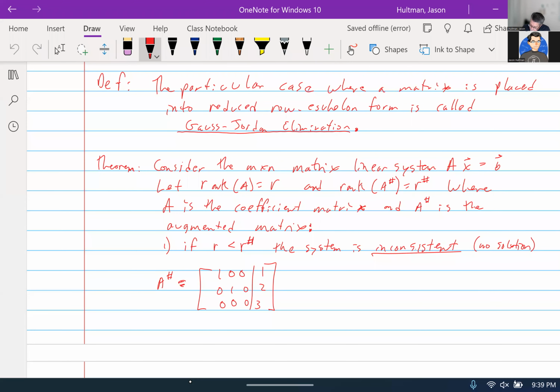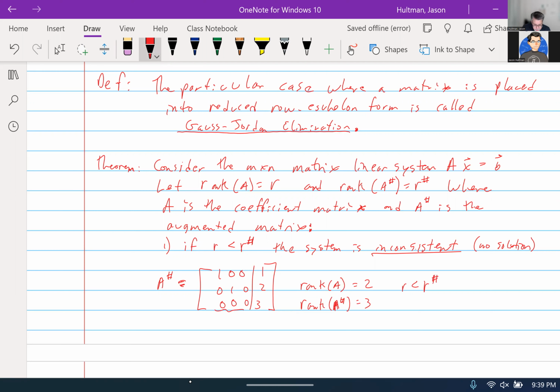What's the rank of A? Well, that's just the coefficient part of the augmented matrix. The rank of A is 2. And what's the rank of A pound? The rank of A pound is 3. And notice that R is less than R pound in this case.